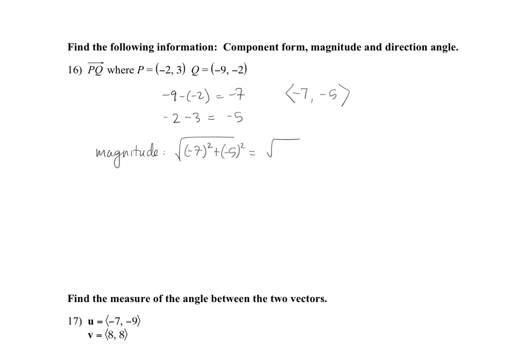It's 49 plus 25, square root of 74. And then the direction, that's going to give us an angle in quadrant 1, which is 35.53. The terminal point of that vector is in quadrant 3, so we add 180 to that, we get 215.54.